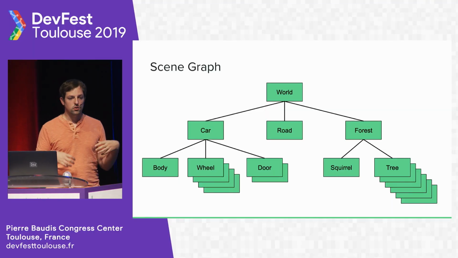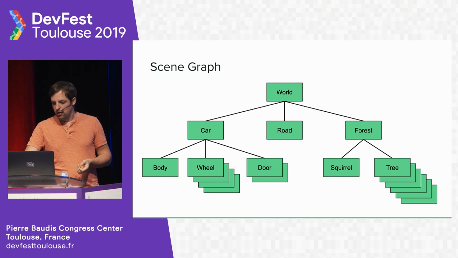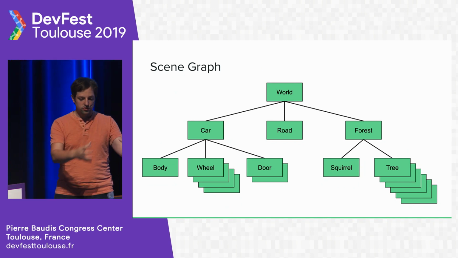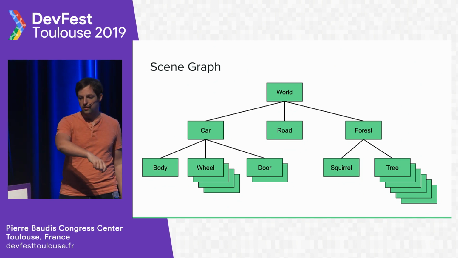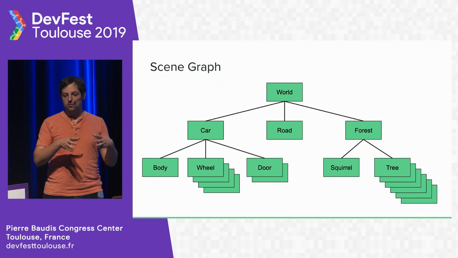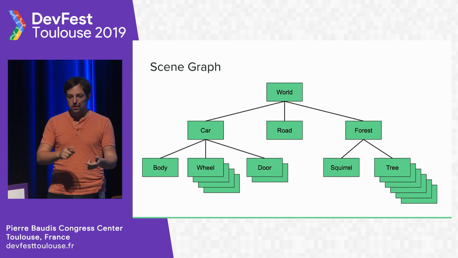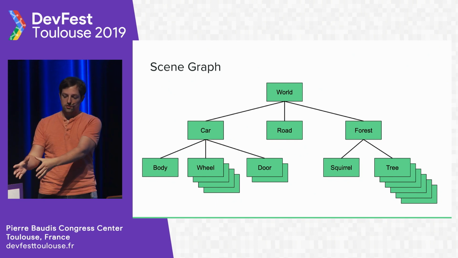We're going to have a car that the player drives, the road you drive on, and a nice background, for example, a forest. What's interesting here is that in this structure, we can really see the decomposition in sub-objects. And if you want to change something about the car, you can say, hey, the car is now in this other place. But automatically, because of the structure of the scene graph, the body and the wheels of the car and the doors are all going to be moved to that same position as well.